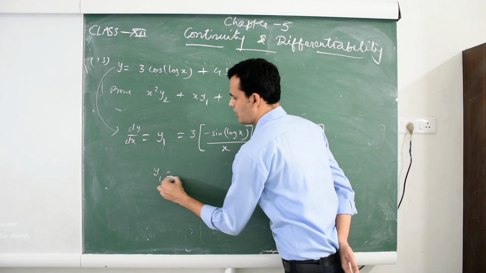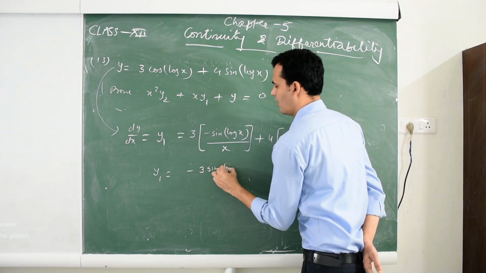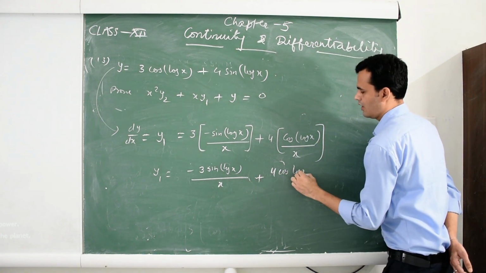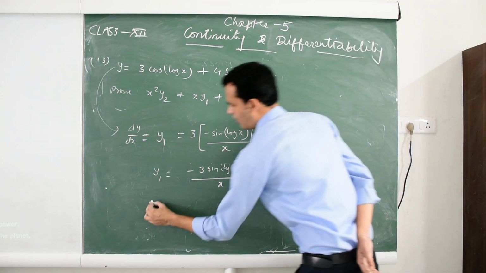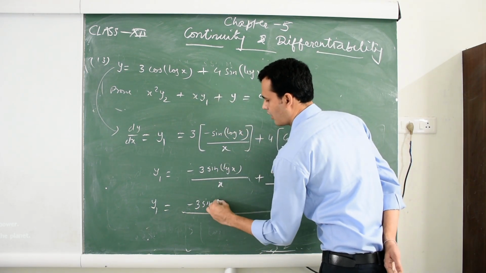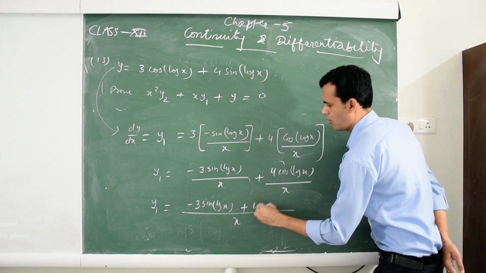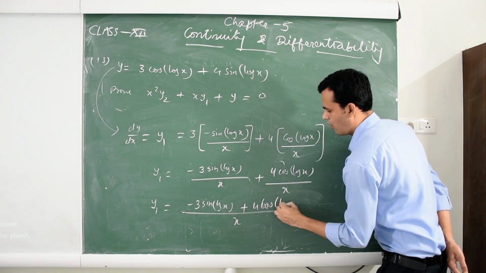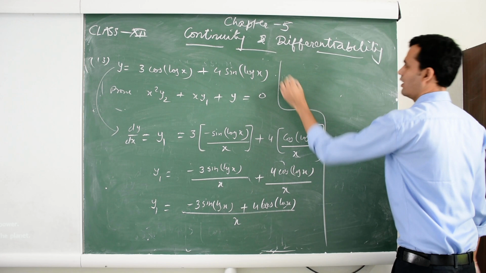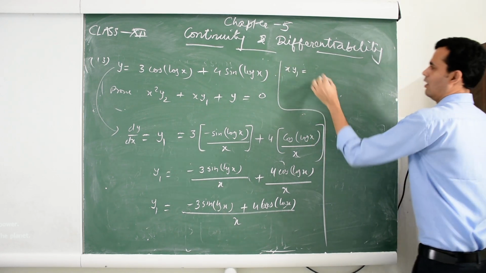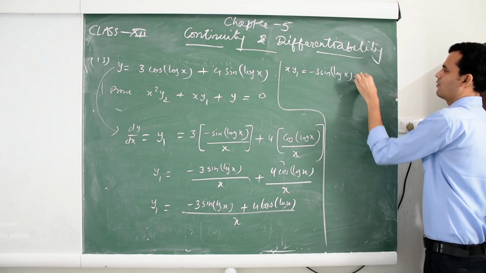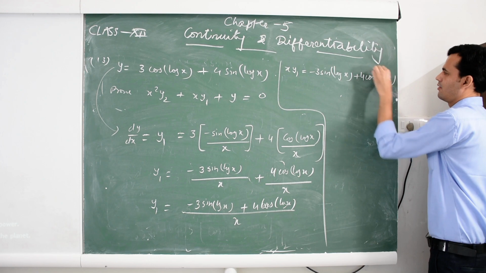So y1 equals minus 3 sin log x upon x plus 4 cos log x upon x. Taking x as LCM, y1 equals minus 3 sin log x plus 4 cos log x, upon x. x is in LHS, so we get x y1 equals minus 3 sin log x plus 4 cos log x.